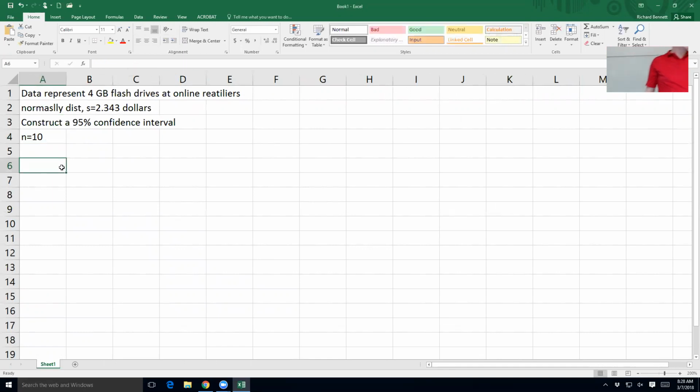Okay, so the formula, isn't the formula n minus 1 times s squared divided by chi squared on the left or the right?